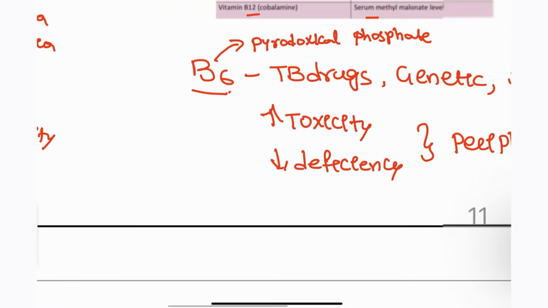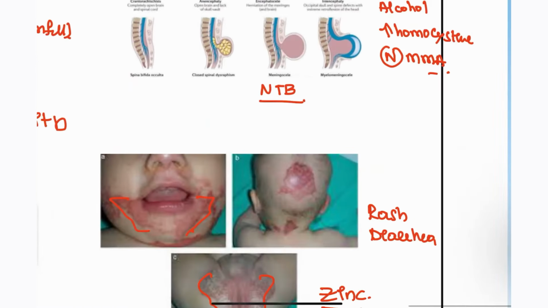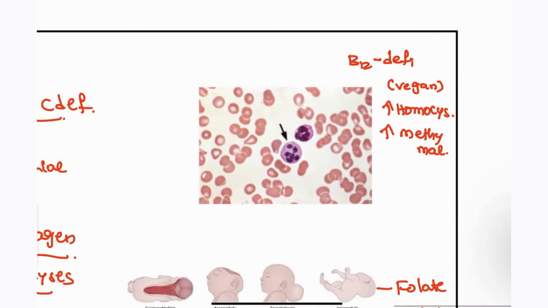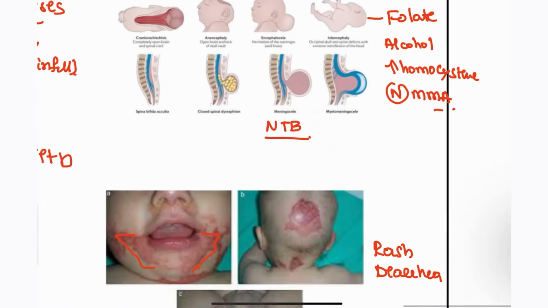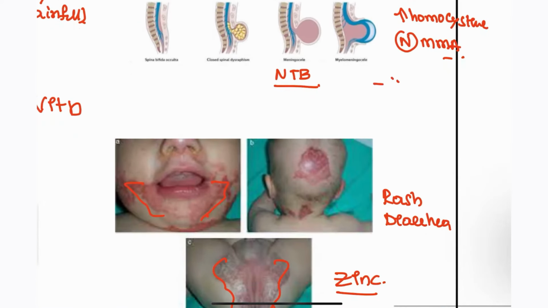B12 is going to consist of methylcobalamin as the active form, and B9 is going to consist of tetrahydrofolate, the name itself contains it.